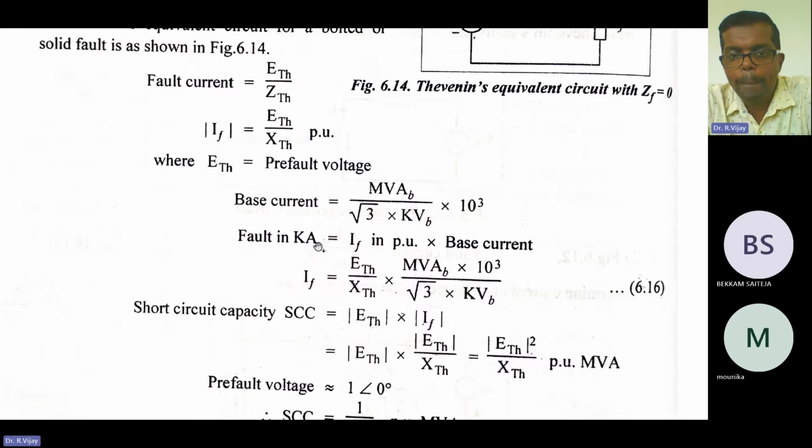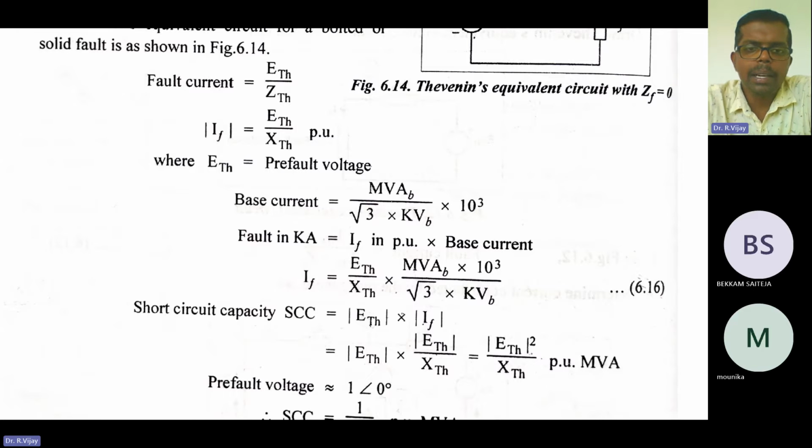Next, fault in kilo amperes. Mostly it is in kilo amperes. Some high voltage transmission lines, like the 400 kilovolt line, the 750 kilovolt line, and the 1000 kilovolt line, are calculated in mega amperes. Normally for a distribution system or a substation, they calculate in kilo amperes.